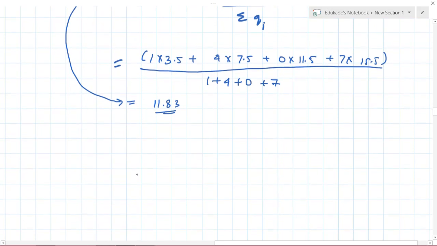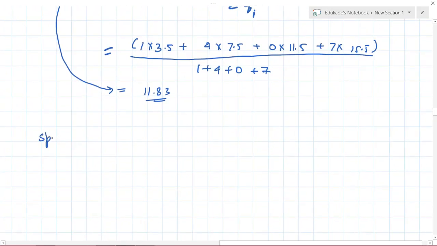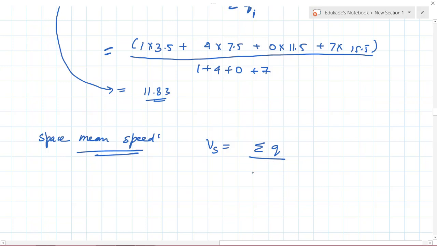Now if I need to calculate the space mean speed Vs, you remember the n part used to come at the numerator, so I will get sigma q over here, and the velocity part was downwards, so V, and here I will get q.